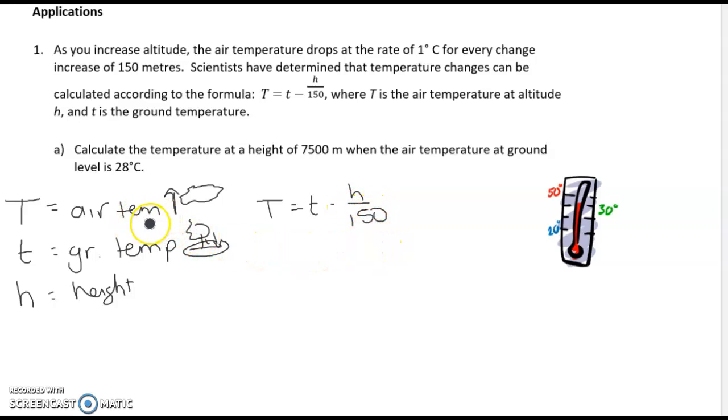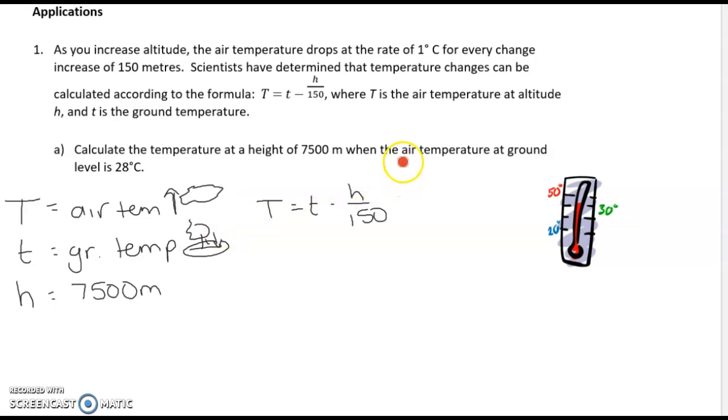This question asks us to calculate the temperature at a height of, sorry, not 750, 7,500 meters.